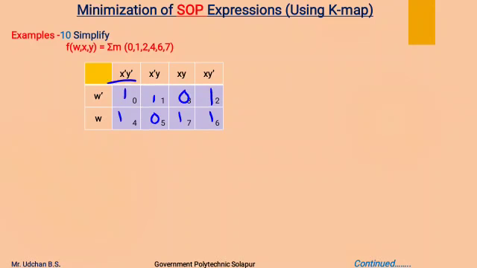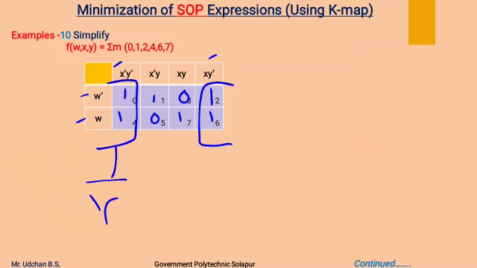So these two cells are adjacent with each other, so this will be our first chord. The equation for this chord will be: w bar and w get cancelled with each other, x bar and x get cancelled with each other, so we will get only a y bar.